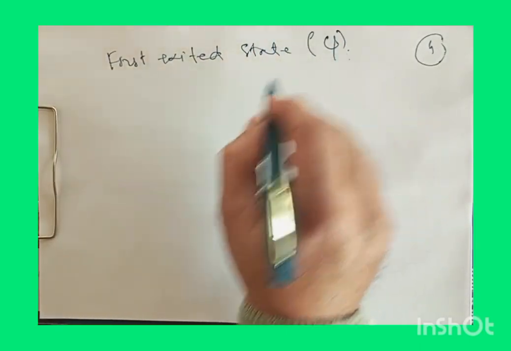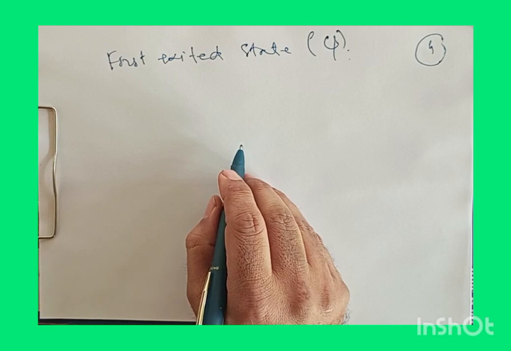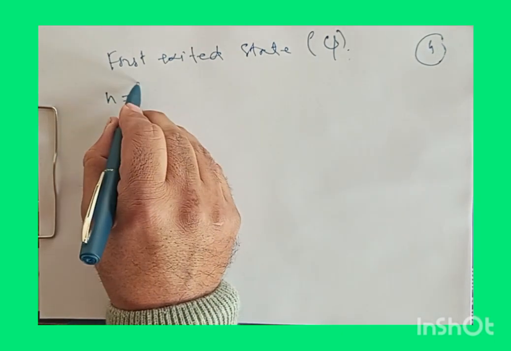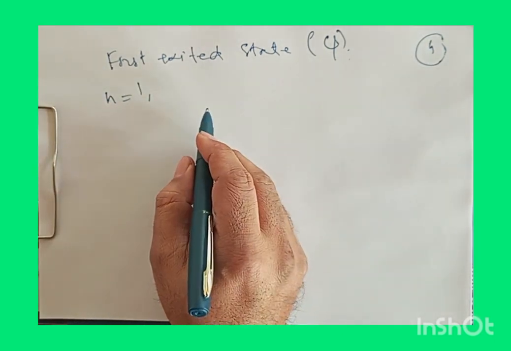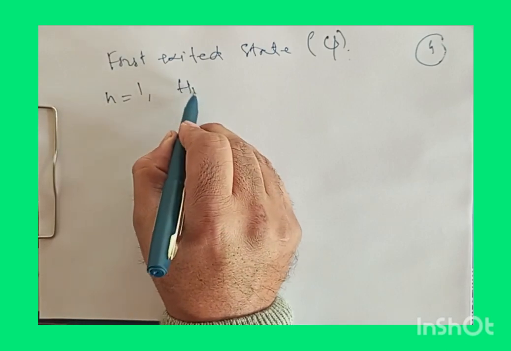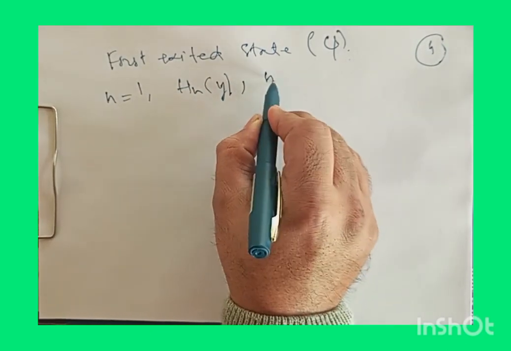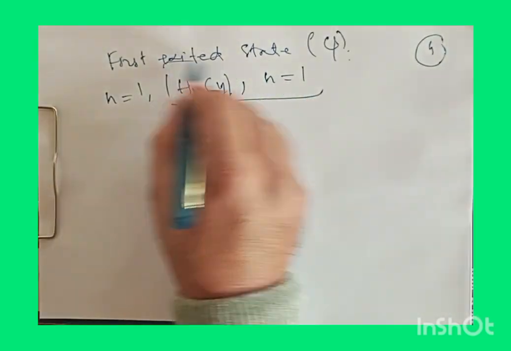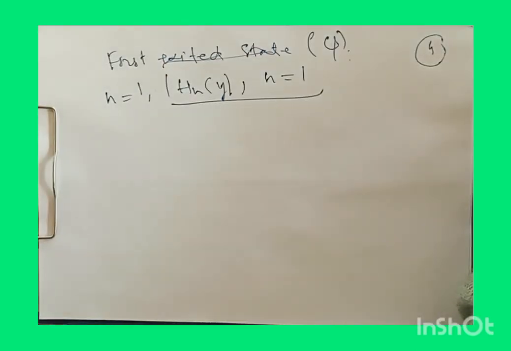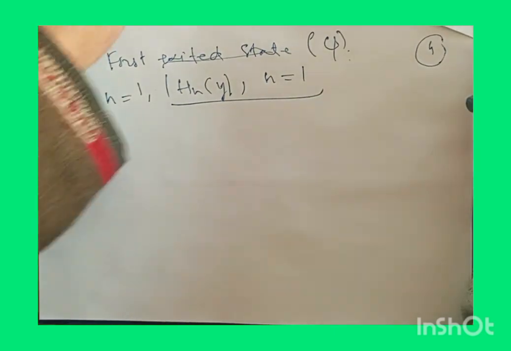So for the first excited state wave function, we have n is equal to 1. That's the case, and in Hn of y that we have to use, n is equal to 1.